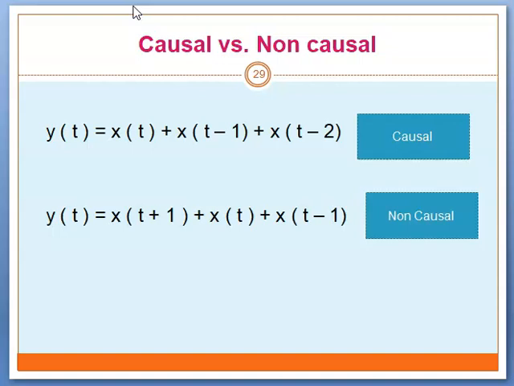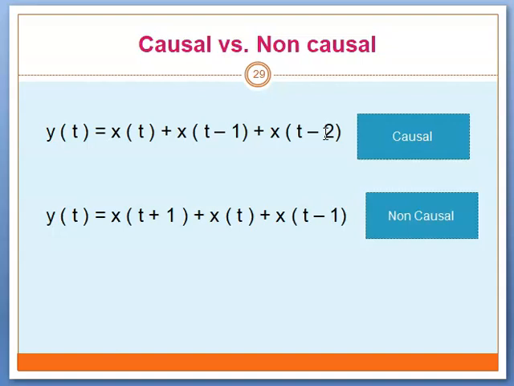So how do you determine this? In the causal system, the first equation, the output is only depending on the present and also the past. So t minus 1 and t minus 2 indicate that this output is depending on the past excitation.